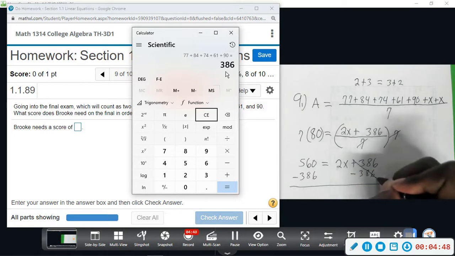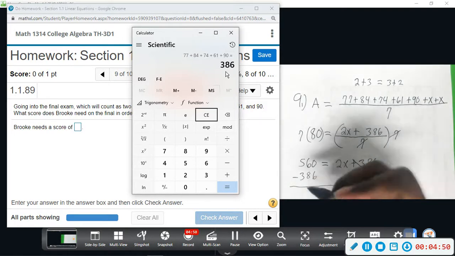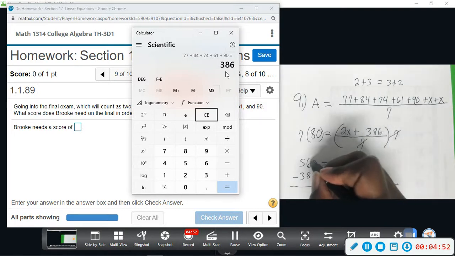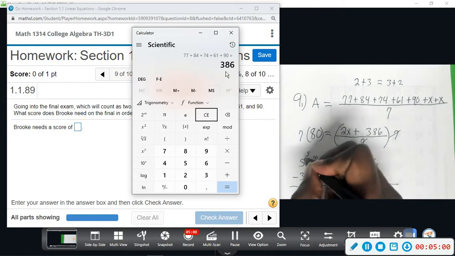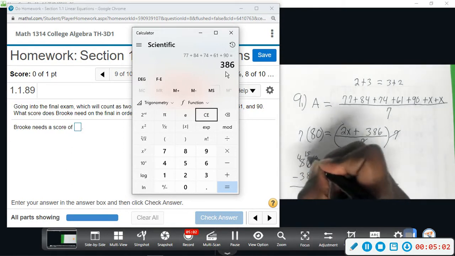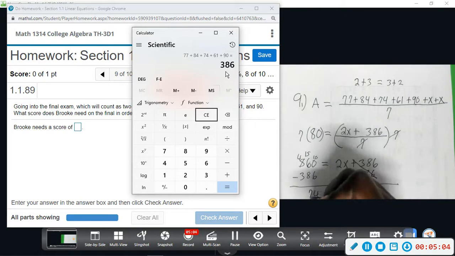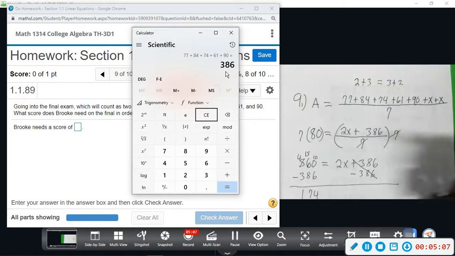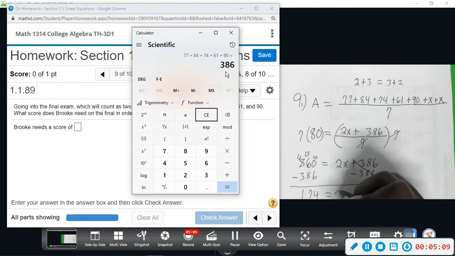That goes to 0. And then borrow 1, that'll be 10. This will become a 5, gives us a 4. So 5 cannot take away 8, so we have to borrow 1 again. That becomes a 4. This becomes 15. 7 gives us 1. So we get 2x equals 174.